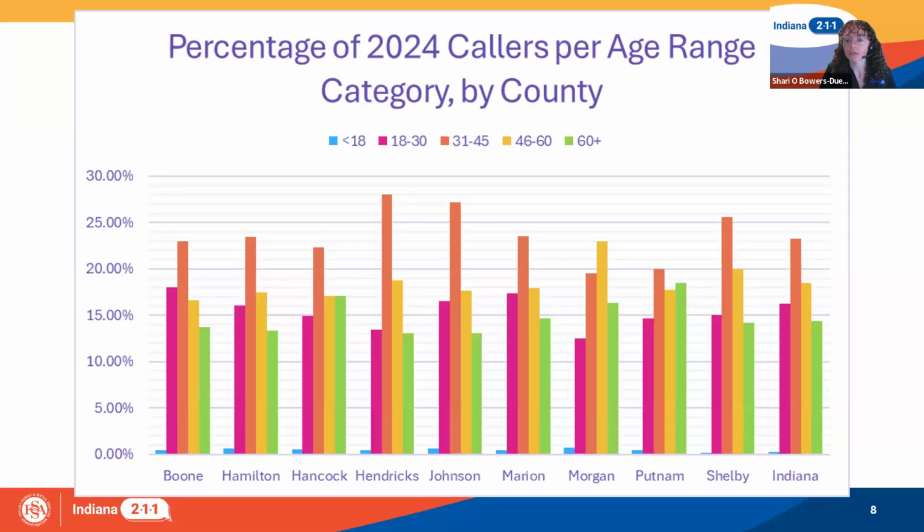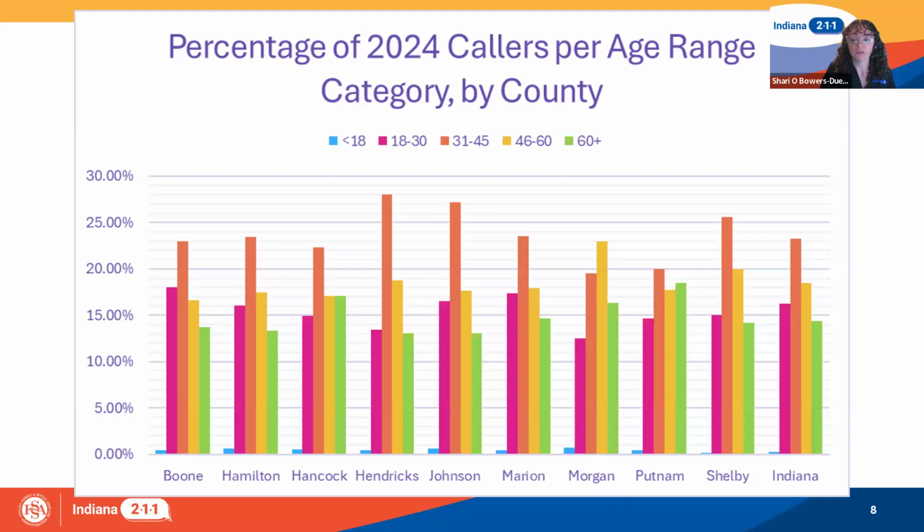All right, so our next graph shows the percentage of 2024 callers from various age ranges. We can see that in almost all of these counties and for the state as a whole, the age group with the largest percentage of callers was 31 to 45 years old.